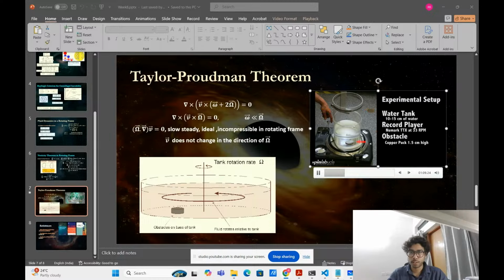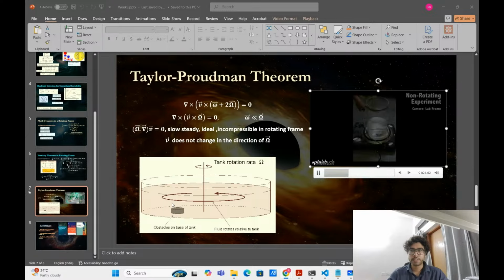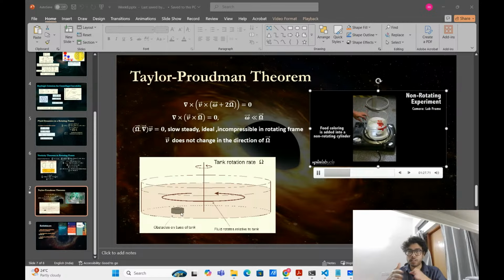And therefore, the fluid will have to turn around the obstacle in this region. But it seems to be a column of fluid, like the whole column of fluid will turn around some invisible obstacle, right?